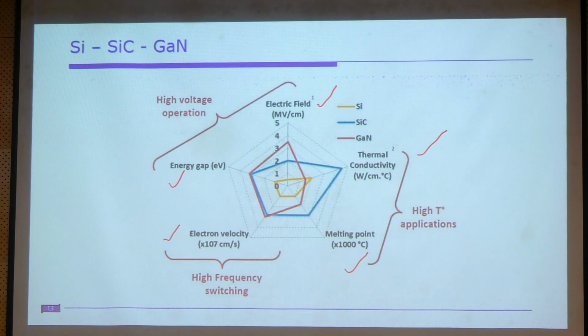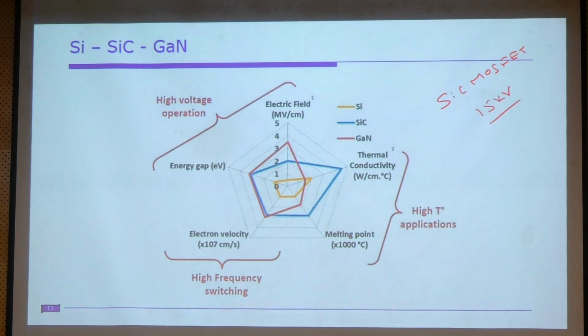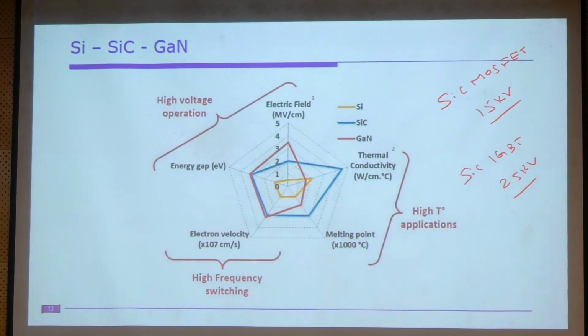If you see the trends in industrial production, silicon carbide MOSFETs are available up to the range of 15 kV. Similarly, silicon carbide IGBTs are available, even 25 kV N-channel devices.